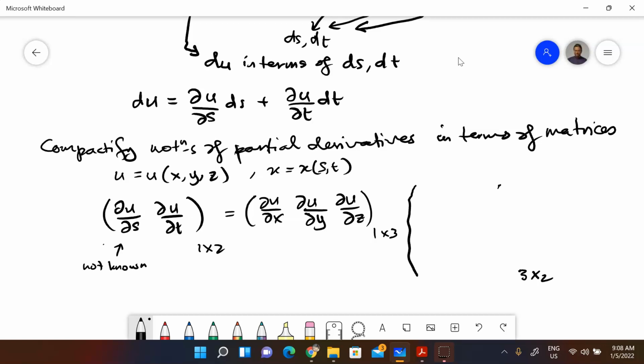So you can have another matrix of partial derivatives that gives you the x, y, and z derivative with respect to s and t.